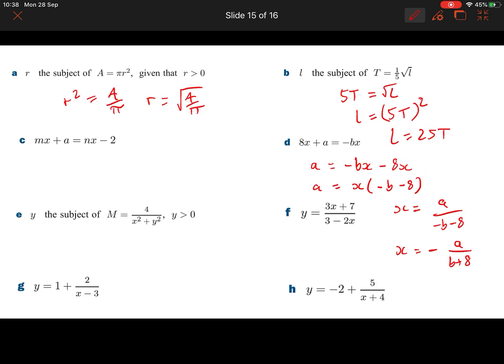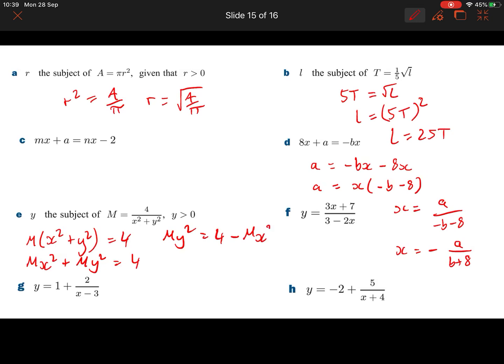Okay, part E. Make y the subject. So I need to get y out of the denominator. So I'm going to say m times x squared plus y squared equals 4. Expand. mx squared plus my squared equals 4.